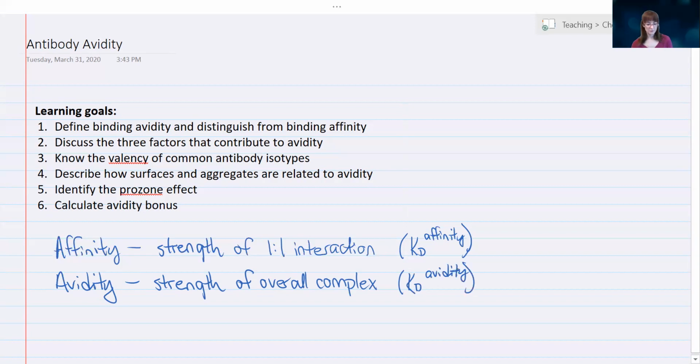Okay, and so avidity is made up of three parameters. Take a moment and try to guess. In class I would pause and ask you, what do you think affects the strength of the overall complex that can happen? Take a moment and ask yourself what that might be.